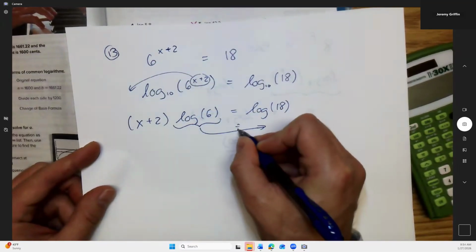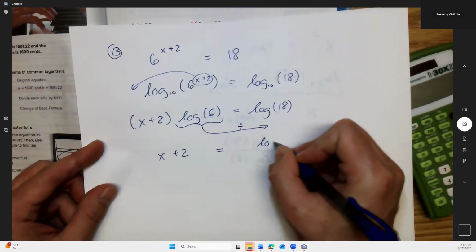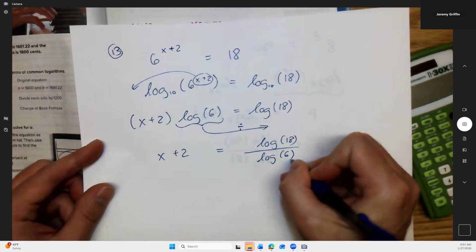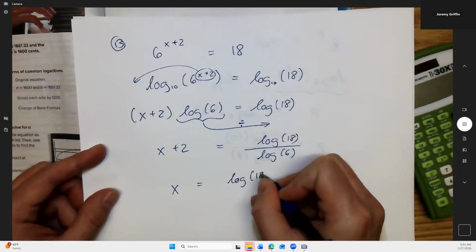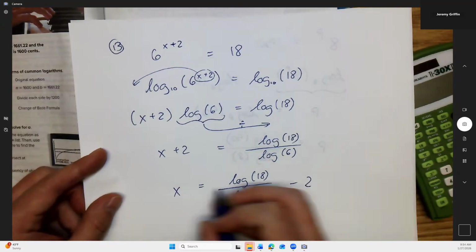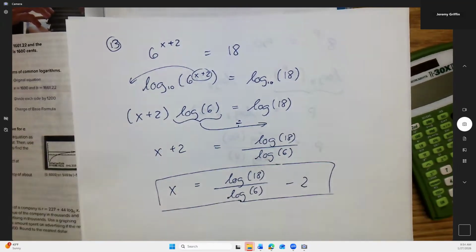Divide that down. So x plus 2 is this ratio of logs. Therefore, x is log 18 over log 6 minus 2.